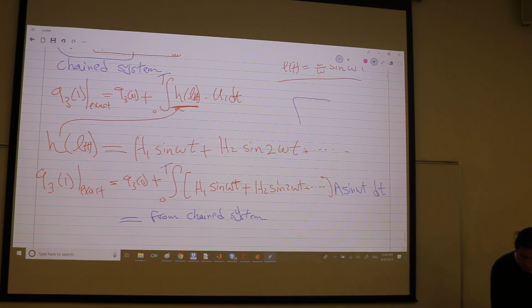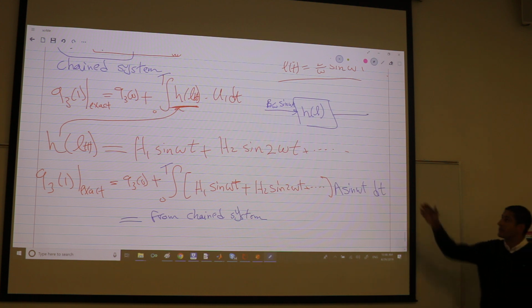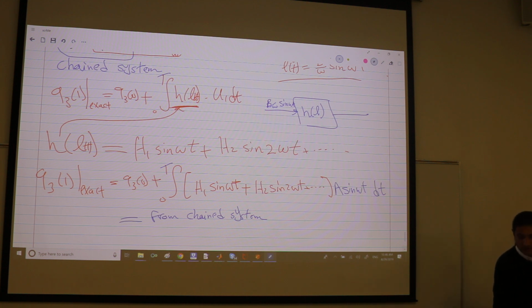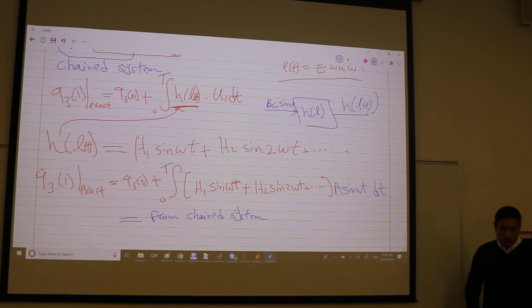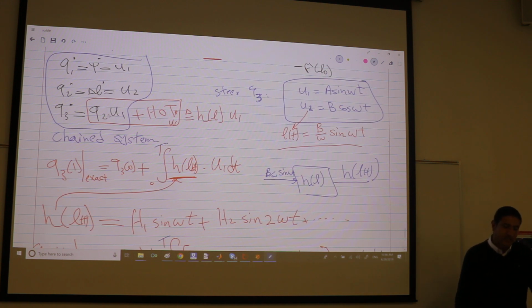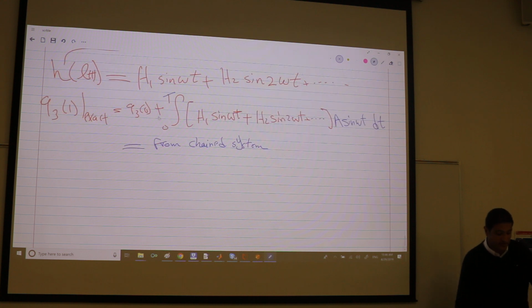This is h of L, and I'm feeding B over omega sine omega t, so the output is at multiple frequencies. This is h of L of t. So I'm doing the design on the approximate system, but it's actually exact, because all the higher harmonics will not affect the steering using sinusoids.